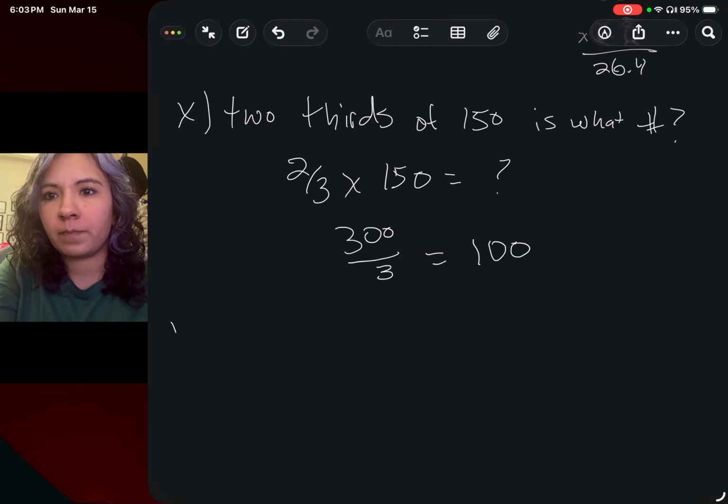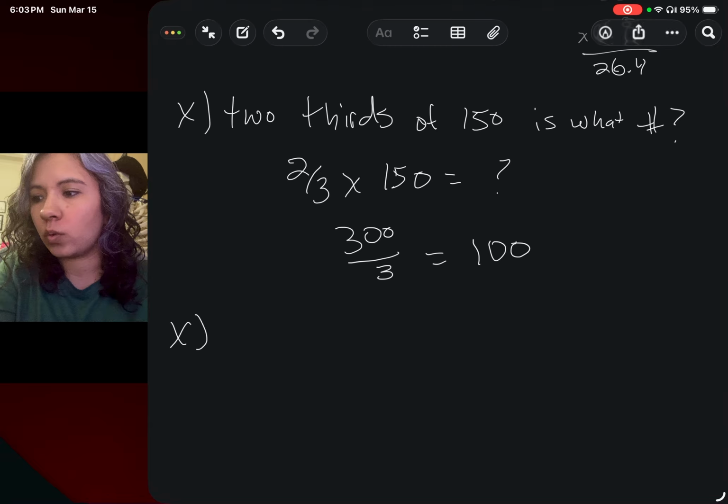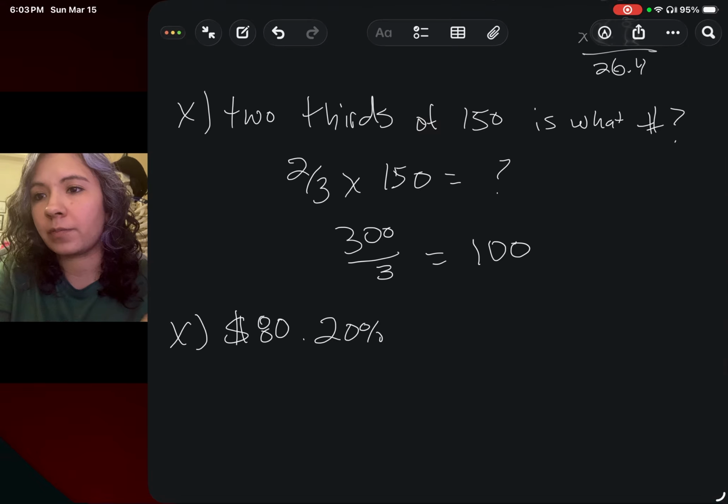Let's say you sold a Game Boy for $80, and 20% of the selling price is profit because you had to buy the Game Boy before you decided to resell it.